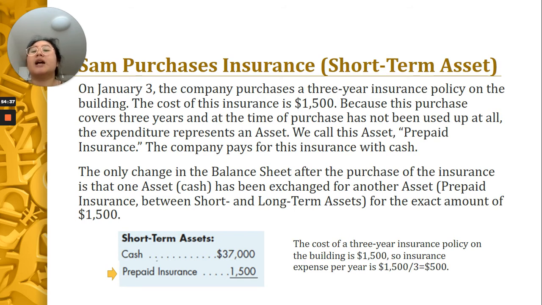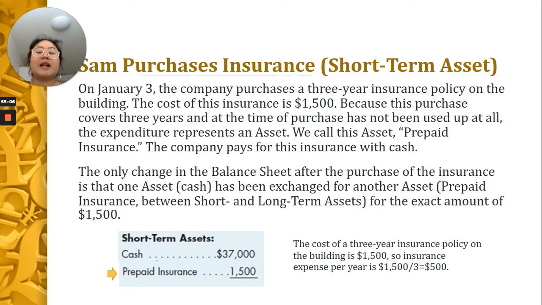How do we record it? The only change in the balance sheet after purchasing the insurance is that the asset cash has been exchanged into another asset, prepaid insurance. So cash is exchanged for the other asset for the exact amount of 1,500.